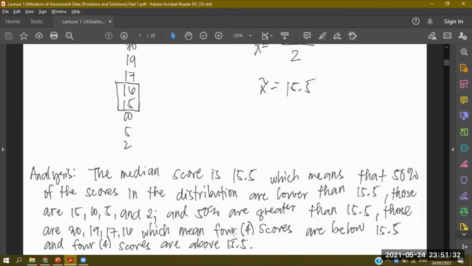So 4 scores are below 15.5 and 4 scores are above 15.5. That is why it was said earlier in the presentation that the median is what divides the scores in the distribution into 2 equal parts. So 50% lies below the median value and 50% lies above the median value. Therefore, they should have the same number of cases below and above the median score.